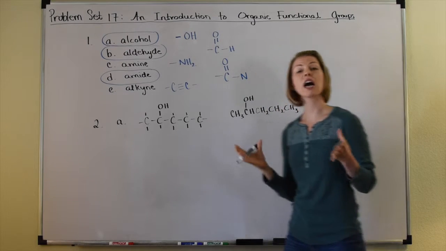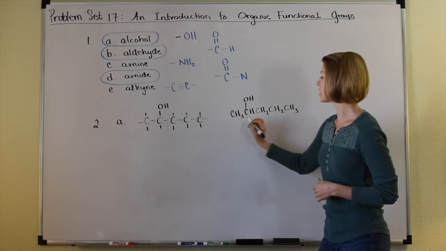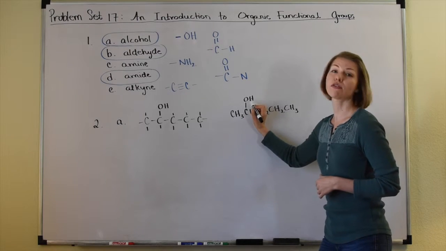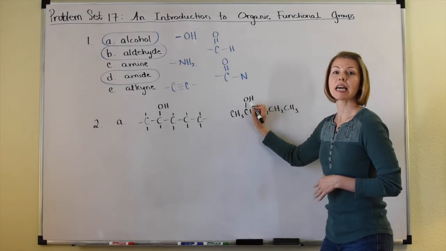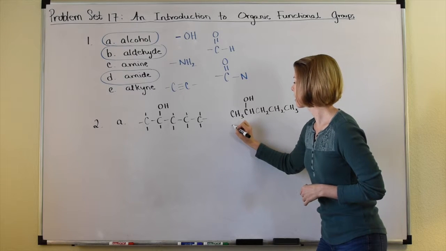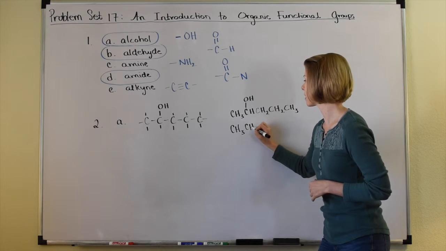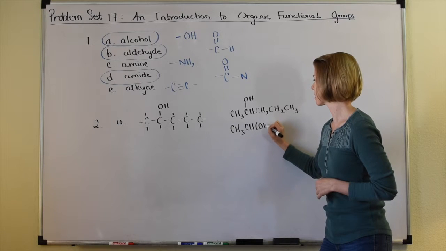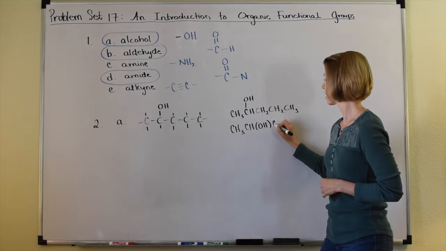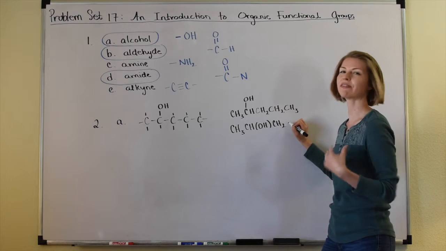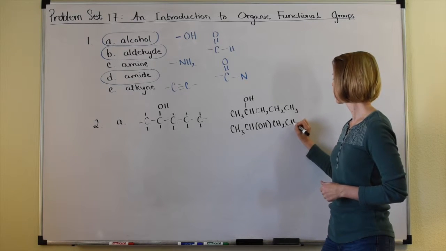And now it's not uncommon to see this alcohol functional group written in a condensed formula using the parentheses. So you might see something like this, especially if it's typed out.